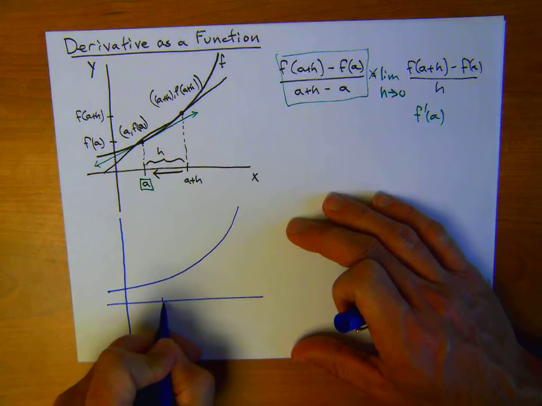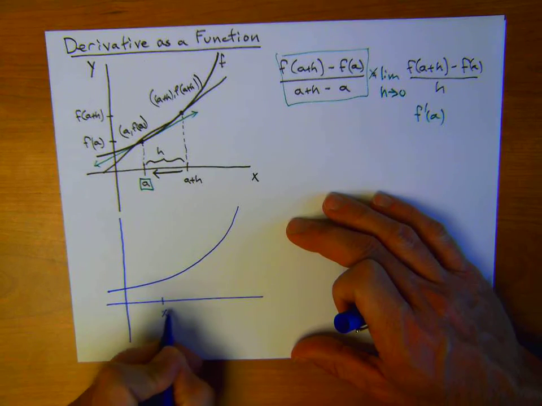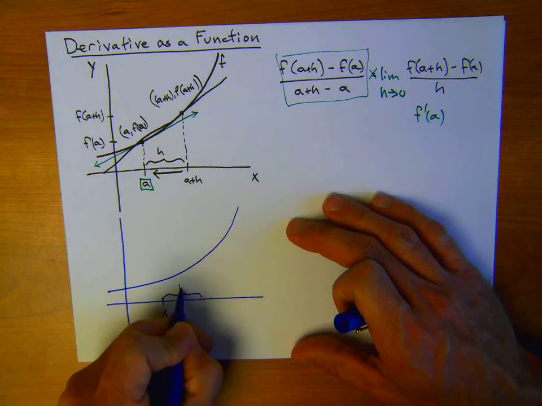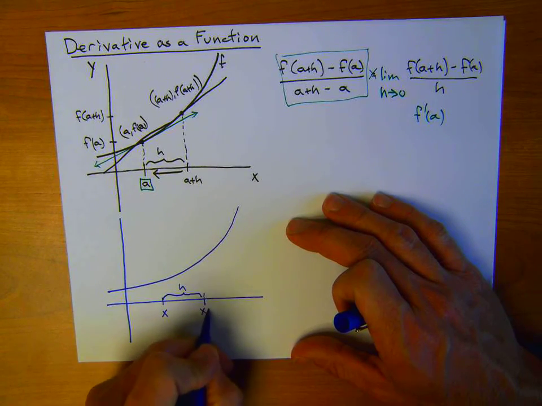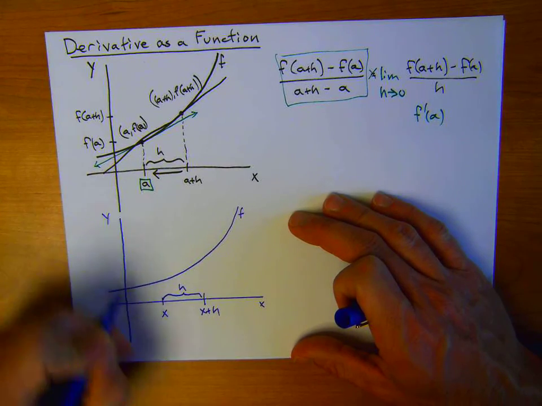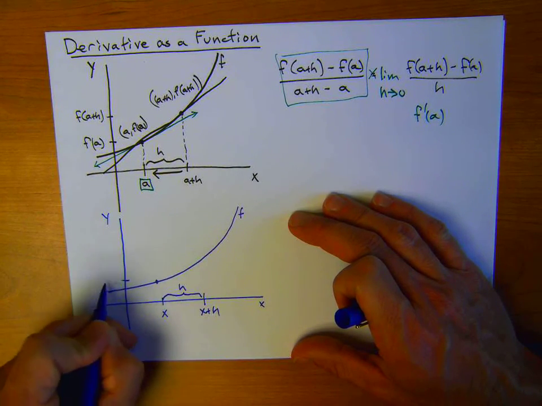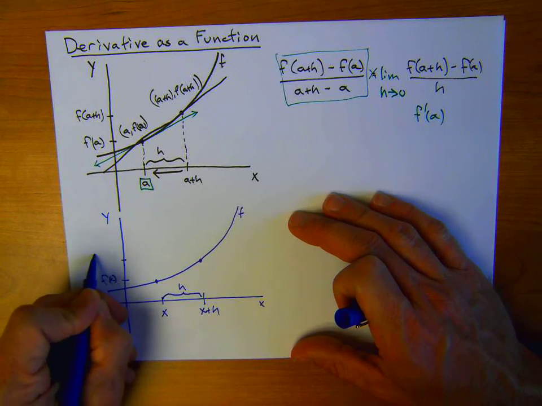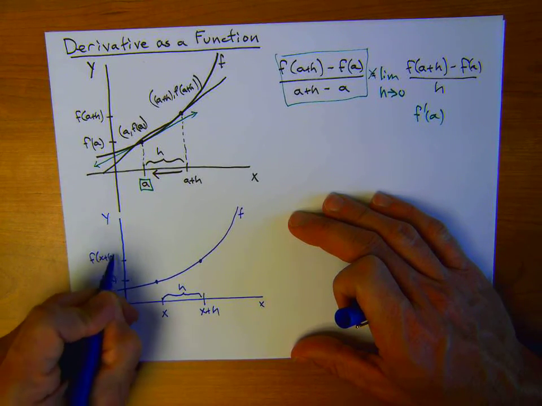So here, once again, if I take whatever my variable point x is, and I'm going to add h to it, over here I've got x plus h. You can see, here's f, this is my x-axis, here's my y-axis. Here I have f of x. If I come up here, I've got f of x plus h.